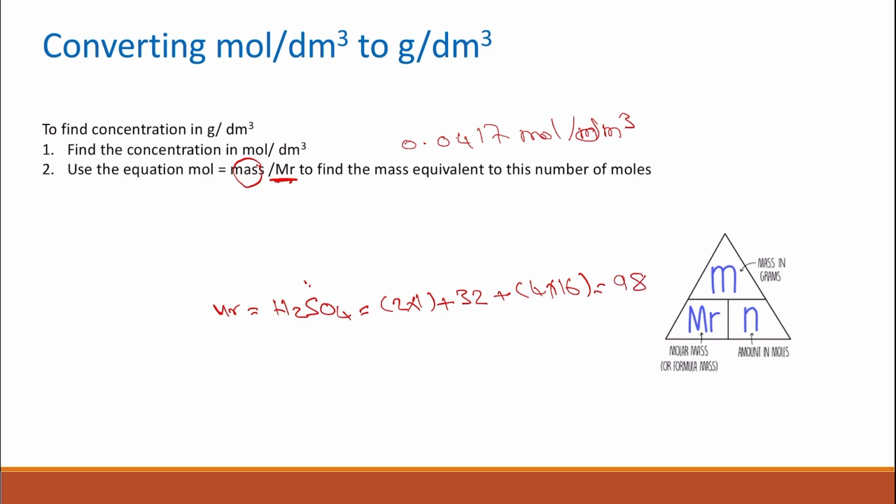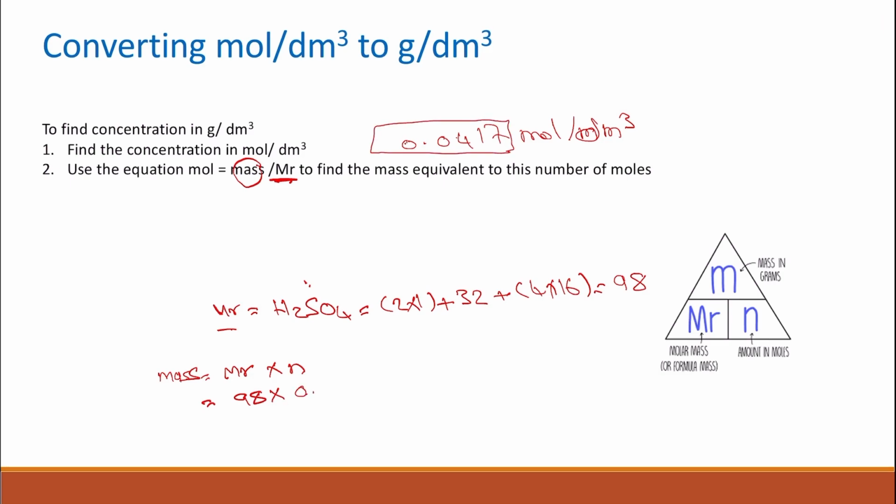So now we know that the relative formula mass of sulfuric acid is 98, and then we can calculate the mass because the mass will equal Mr times n. So that equals 98 times n, which is the number of moles. So if the concentration is 0.0417 moles per decimeter cubed, then 1 decimeter cubed will contain this number of moles.